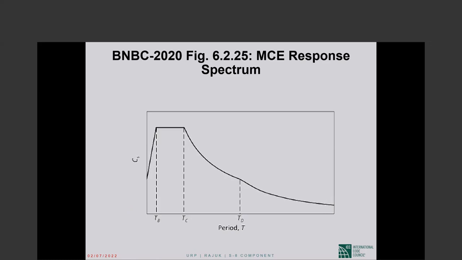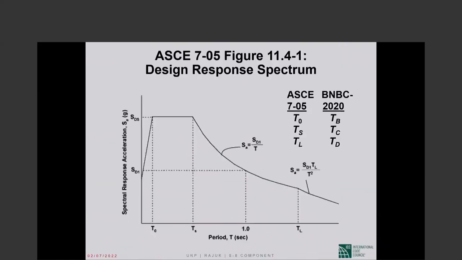So I will try to clear that up. Anyway, you see that the spectral shape is very much the same. This T sub B was T sub 0 in the AC spectrum. T sub C was T sub S, where the flat top meets the descending branch, and this T sub D was T sub L. So it is the same shape, but obviously described a little differently.